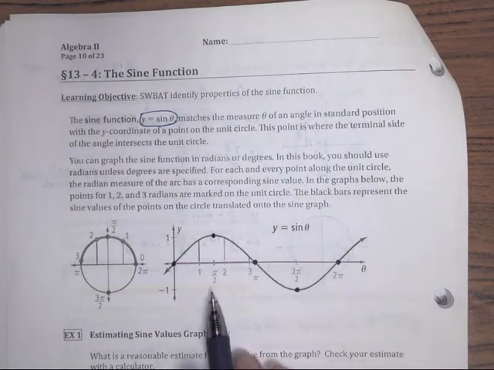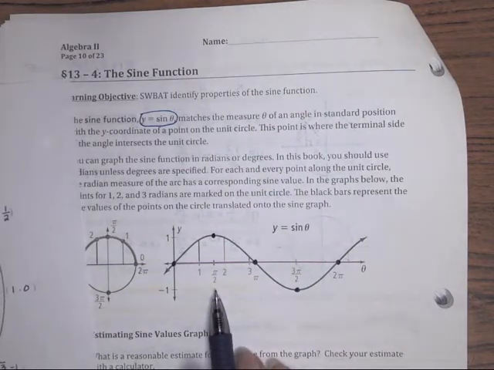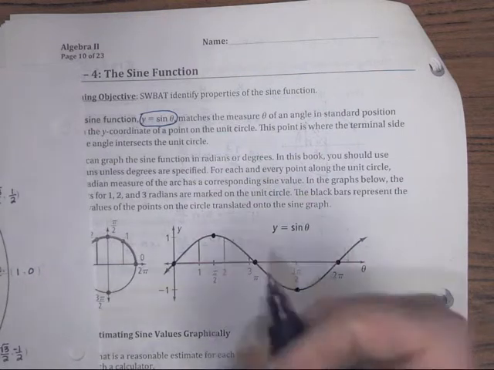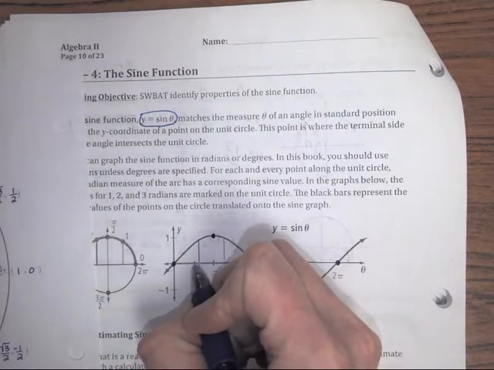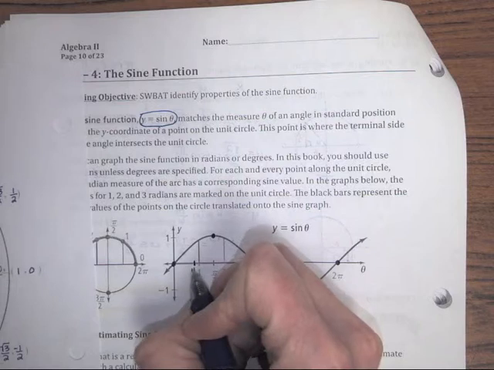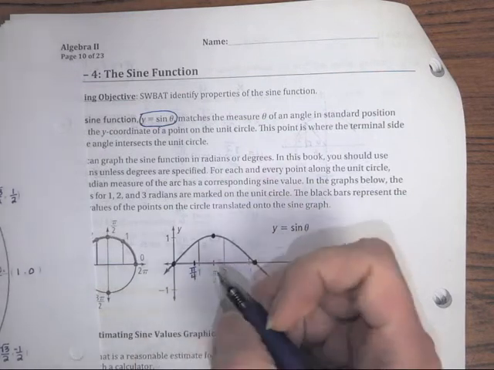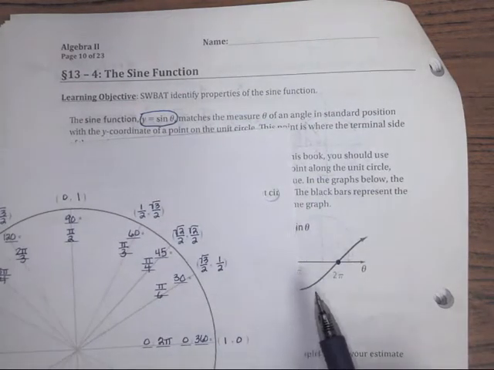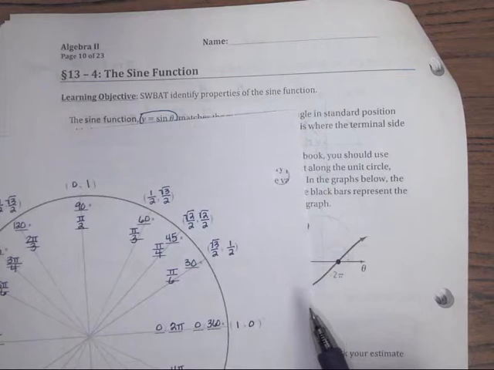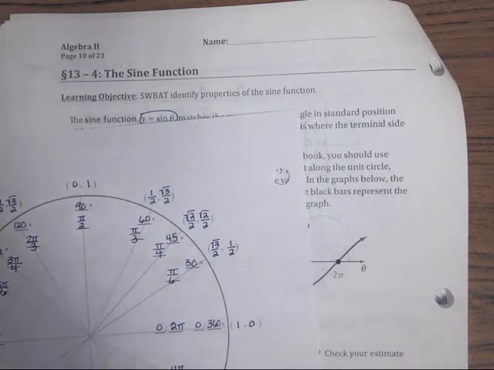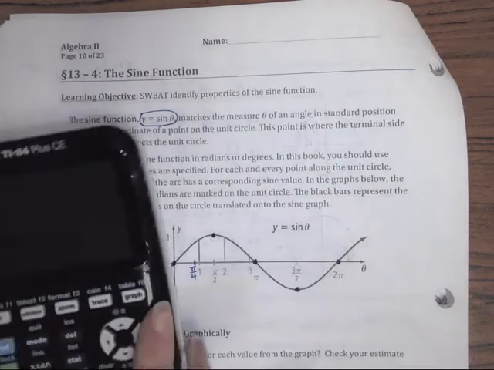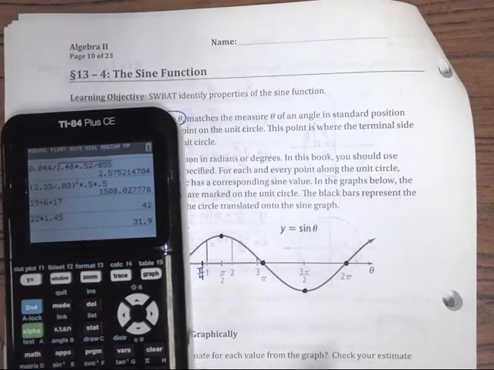Now, we can even do this for values in the middle. For example, I would say maybe right about here, we could write in pi over 4. And what is your y value at pi over 4? Square root of 2 over 2. Okay, so let's go ahead and put that in our calculator.